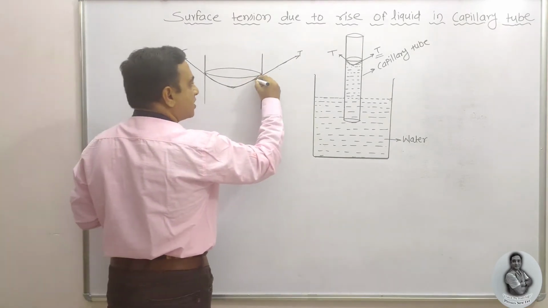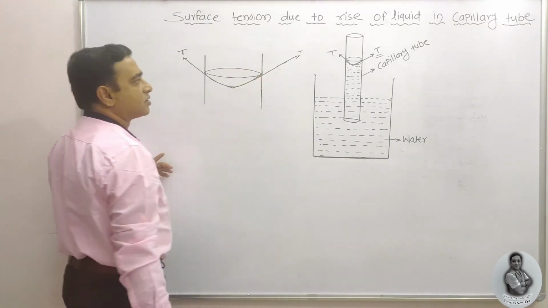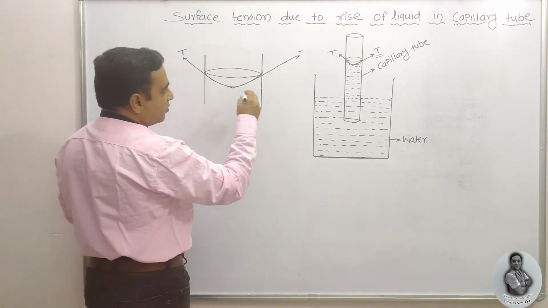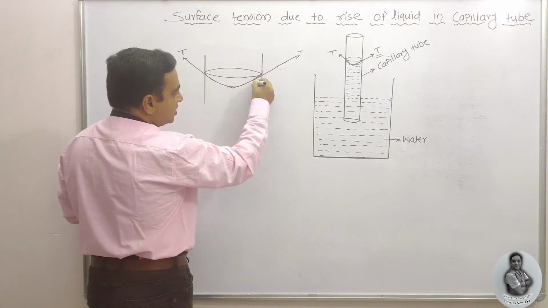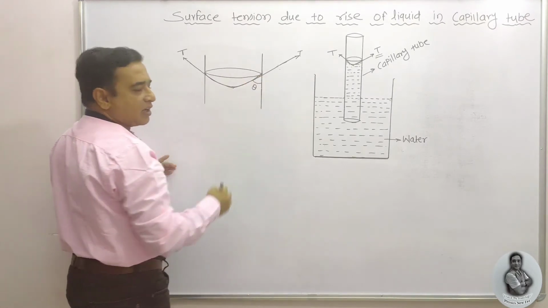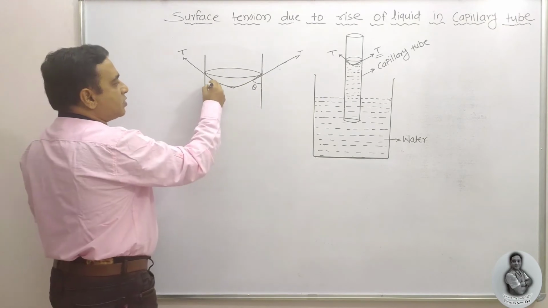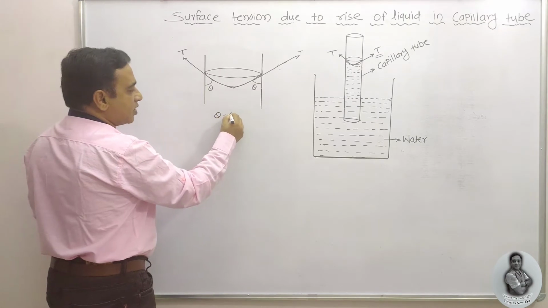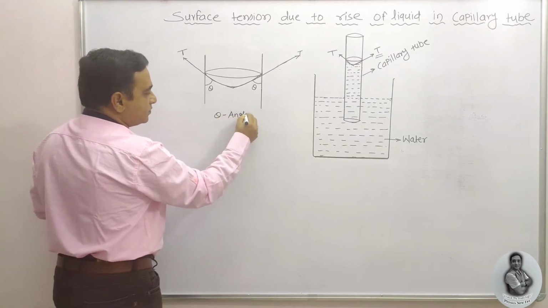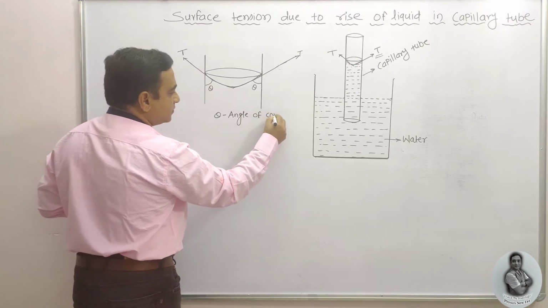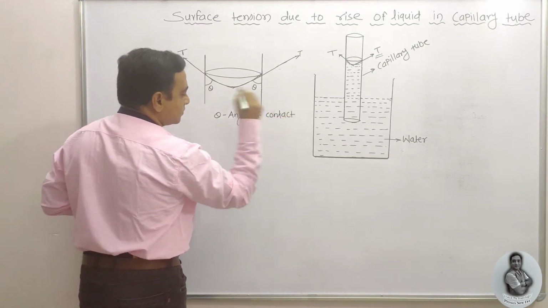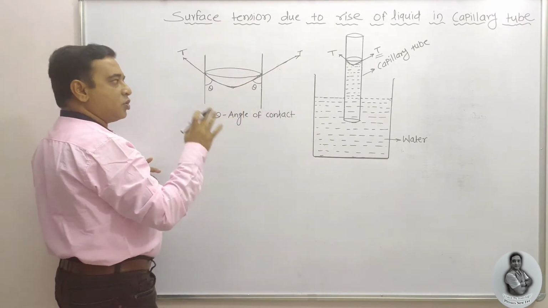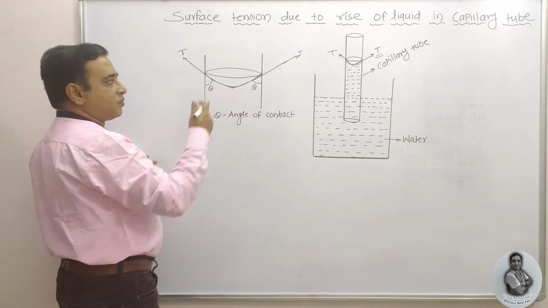Now I am going to resolve this force of surface tension into two mutually perpendicular components. But before that, this is the tangent, so obviously this is nothing but the angle of contact theta. This one is also the angle of contact theta. Let us resolve this T into two mutually perpendicular components.